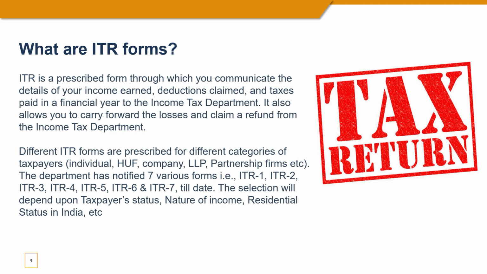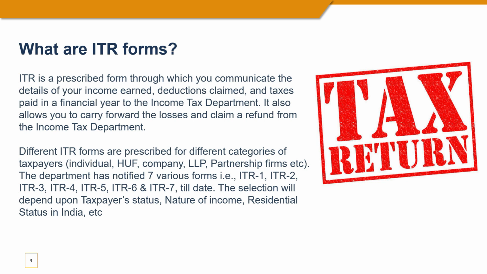What are ITR forms? ITR is a prescribed form through which you communicate the details of your income earned, deductions claimed, and taxes paid in a financial year to the Income Tax Department. It also allows you to carry forward the losses and claim a refund from the Income Tax Department.